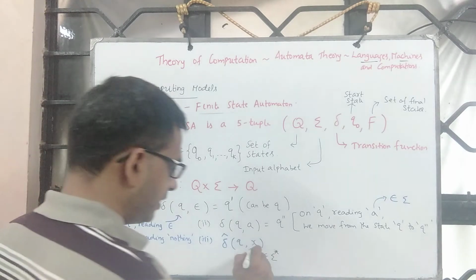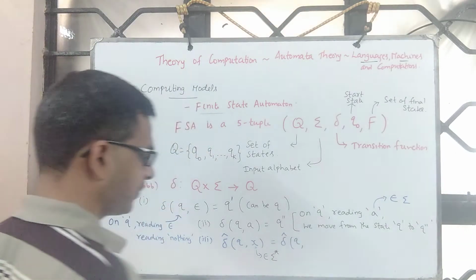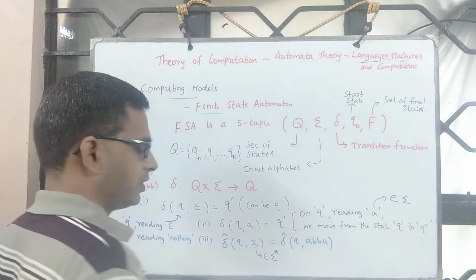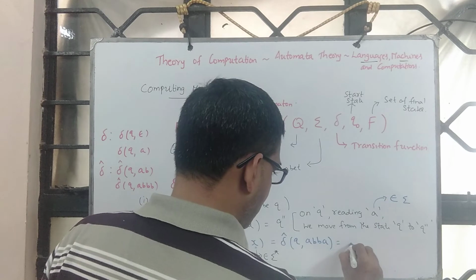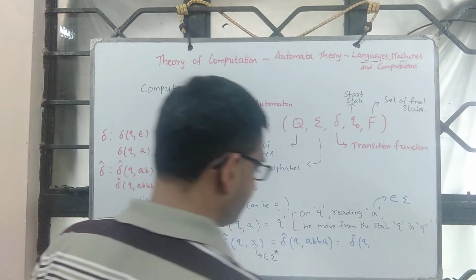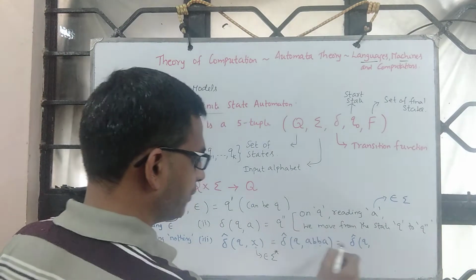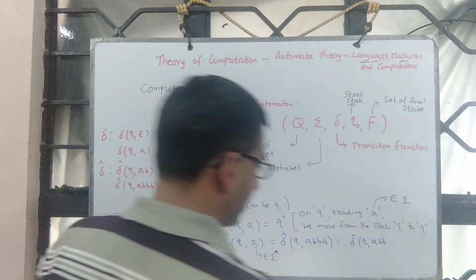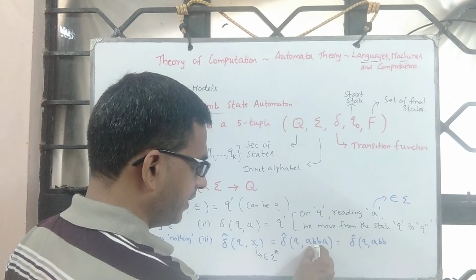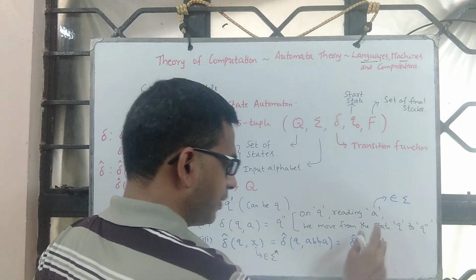Now if you see, delta cap of Q comma the string, say ABBA, is equivalent to writing delta cap of Q comma ABB followed by reading A. Reading a string like ABBA can be seen as reading the substring ABB followed by the letter A. When you read the substring, you will go to some state.